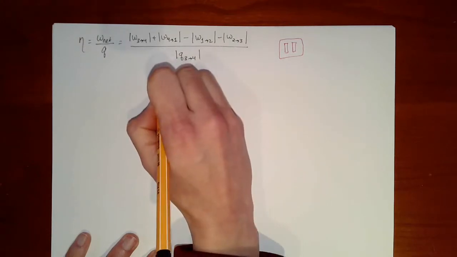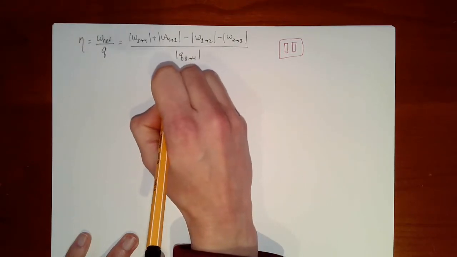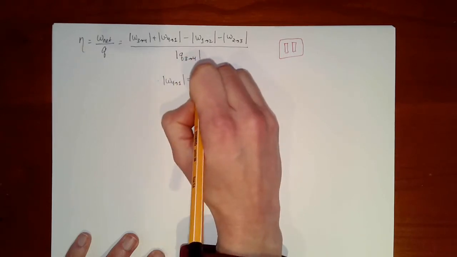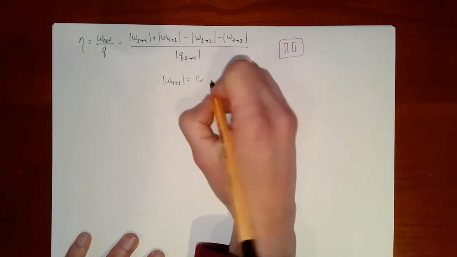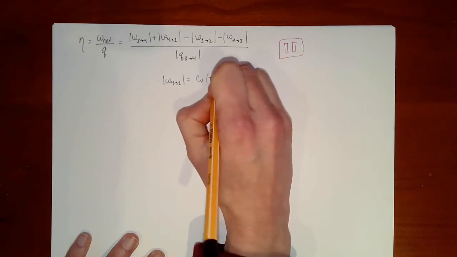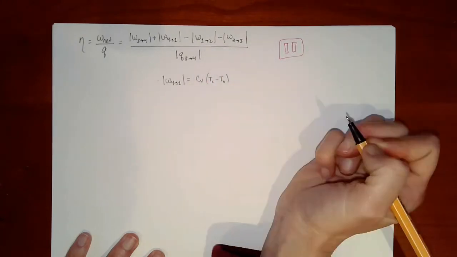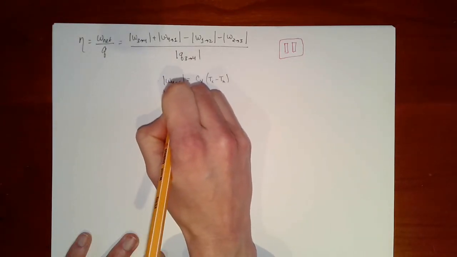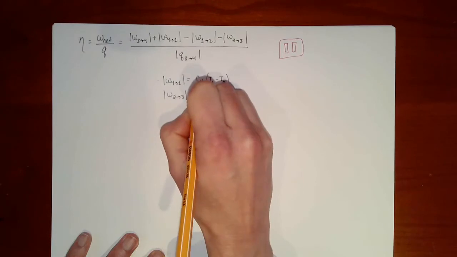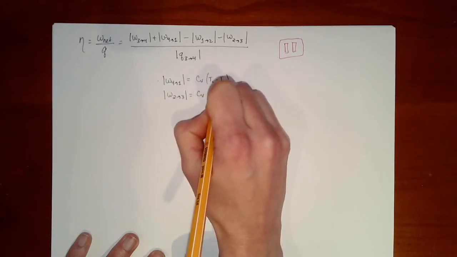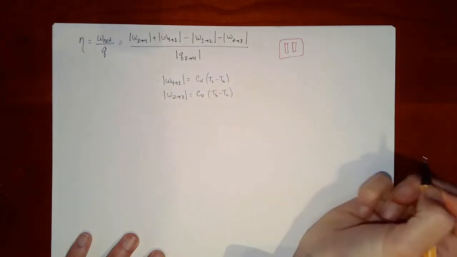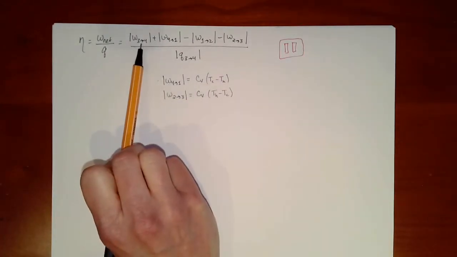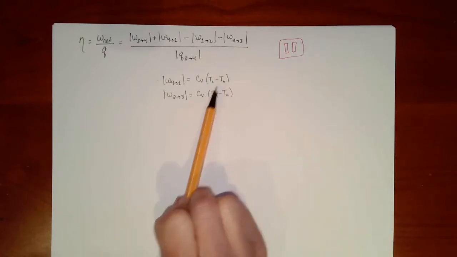The work for an adiabatic step is equal to CV times the difference in temperature. I should say that even though we have states 1, 2, 3, and 4, we only have 2 temperatures in the system.